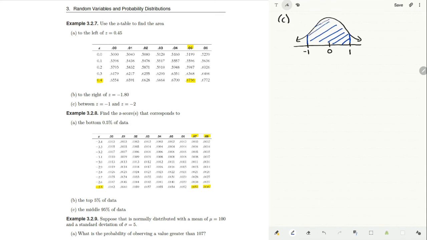If we look up the z-score of 1 in our z-table, we find the area of the shaded region plus the left tail. And if we look up the area to the left of negative 1, we get the area of the left tail. So we can subtract these two areas in order to find the area of the shaded region.